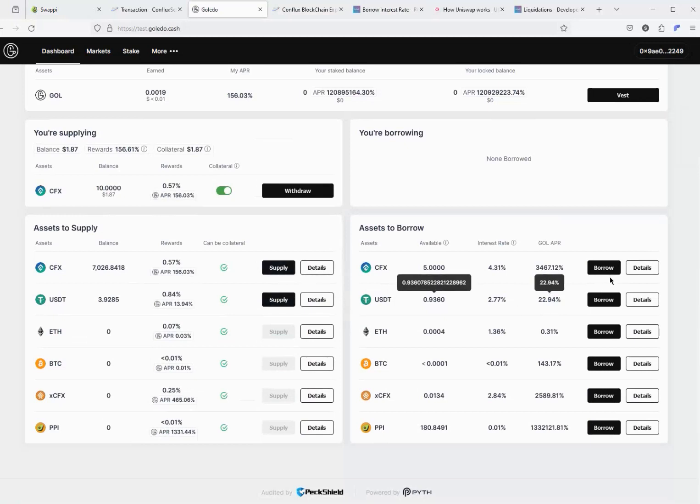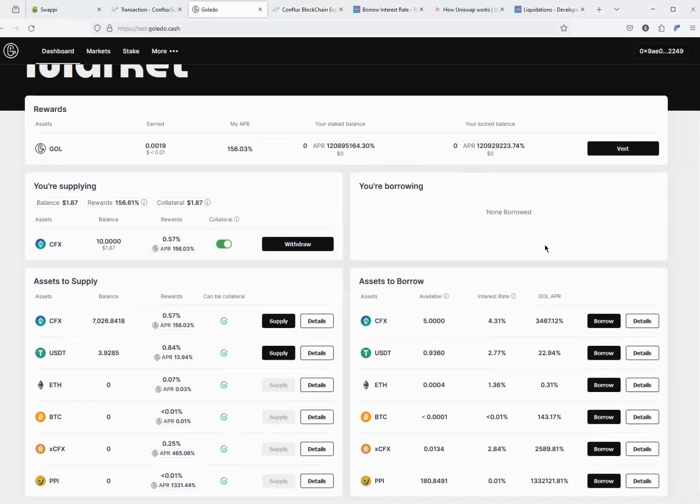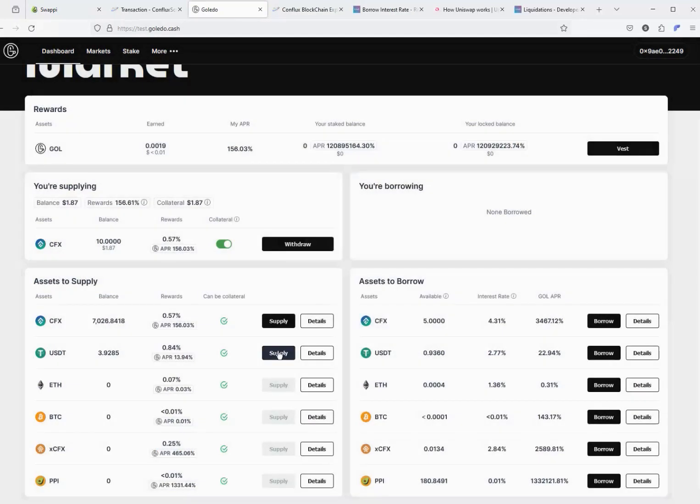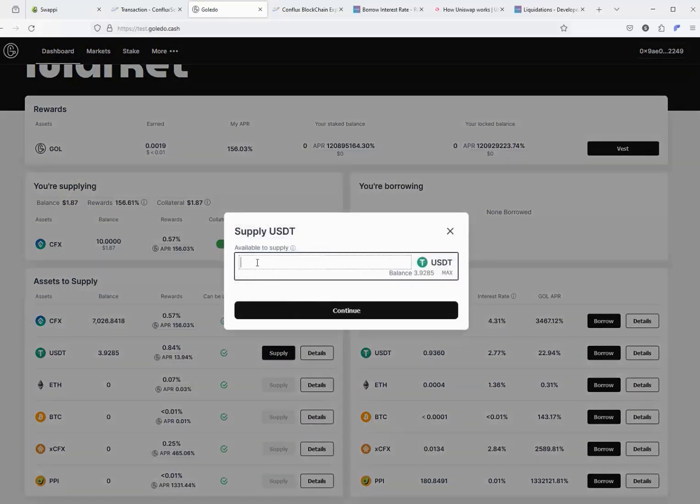So besides supply and borrow, we also need to withdraw and repay. Let's do some demo here. For example, if I supply CFX, oh no, let's supply USDT, $1.